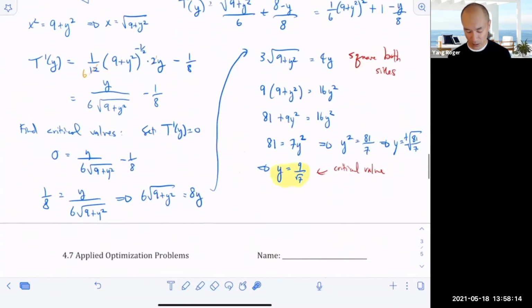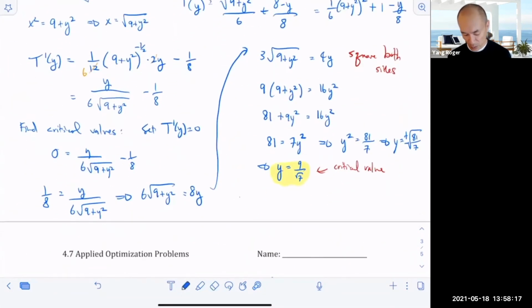So we need to calculate what's T of 0? And if you punch that into your calculator, you're going to get 1.5 hours. We're going to calculate what T of that critical value is, which is 9 over rad 7. And when you do that, you're going to get something close to 1.33 hours.